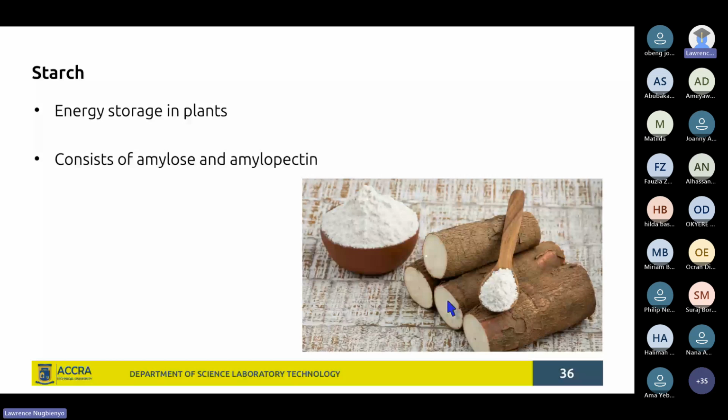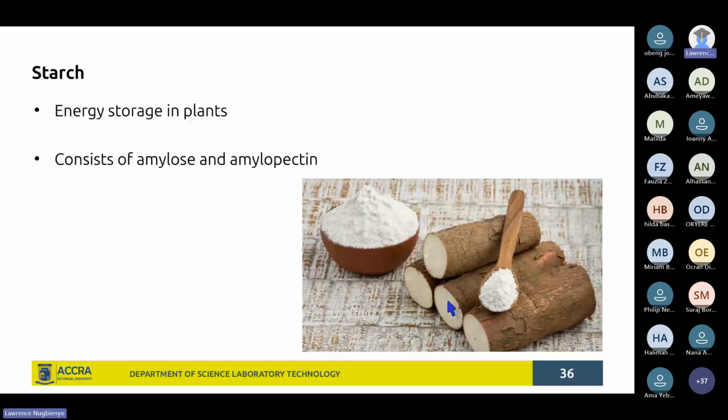Remember the name is carbohydrate. So carbon and water. That is where it's coming from. So that a certain number of carbons and then H2O, the same number.